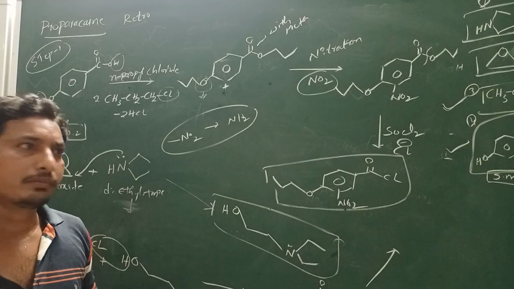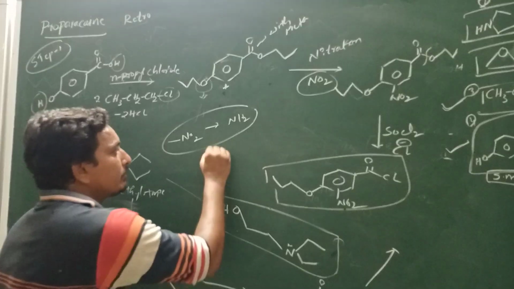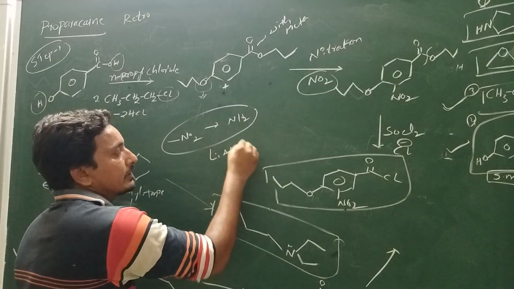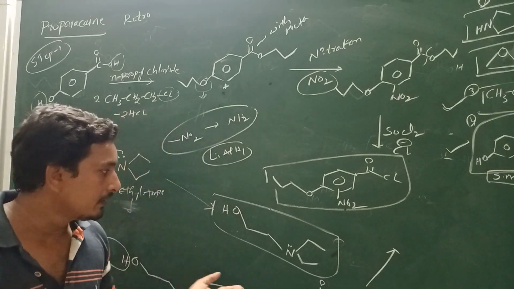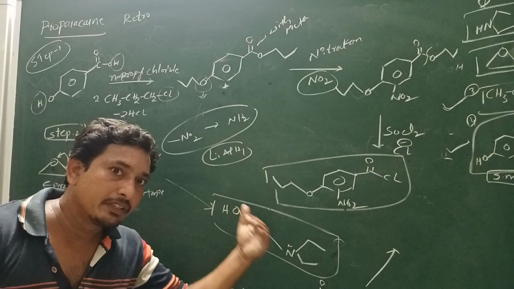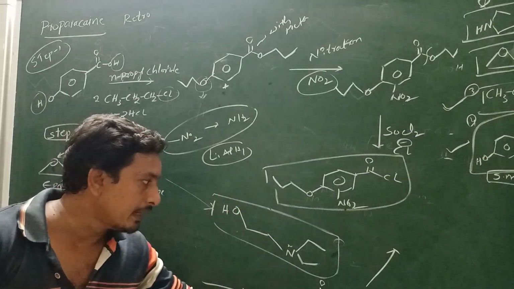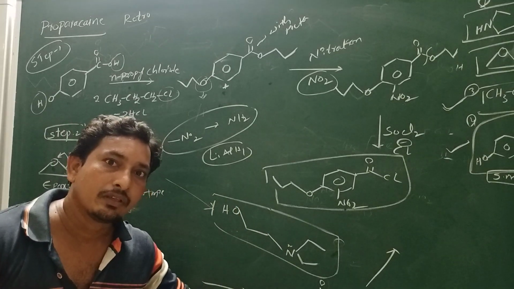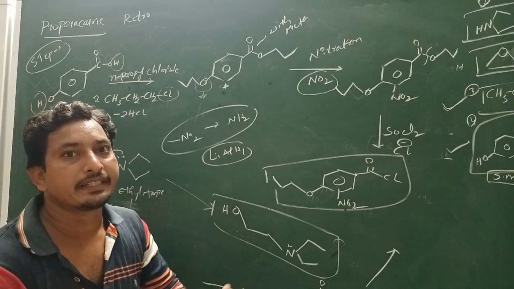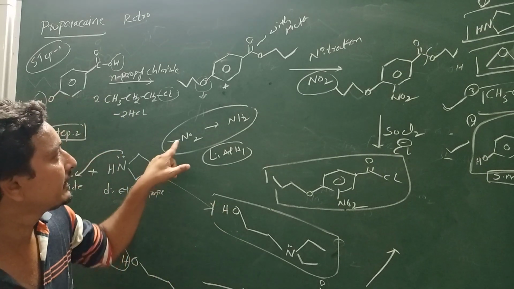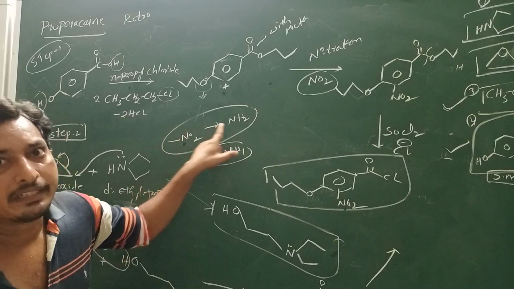Sometimes many people use lithium aluminum hydride as a reducing agent, but here lithium aluminum hydride would also reduce the C double bond O group, which we don't need. So we have to choose a selective reduction for NO2 to NH2.